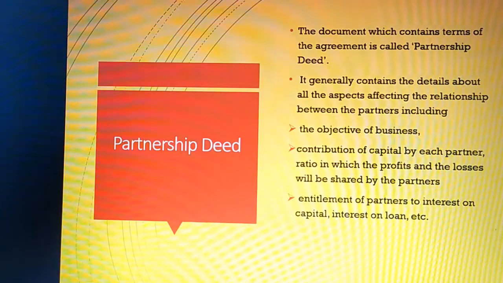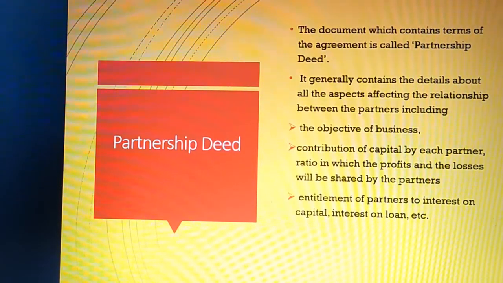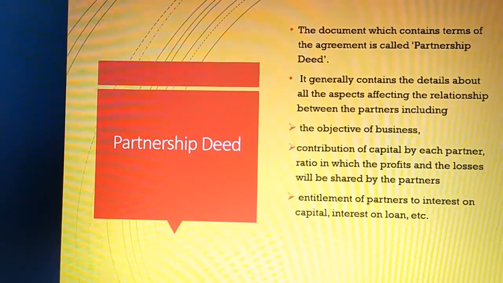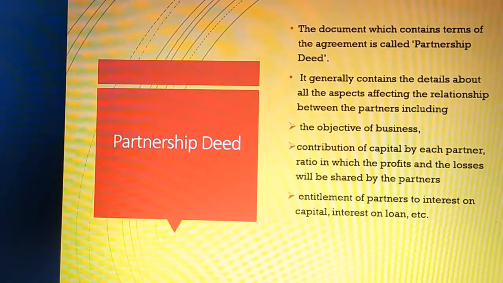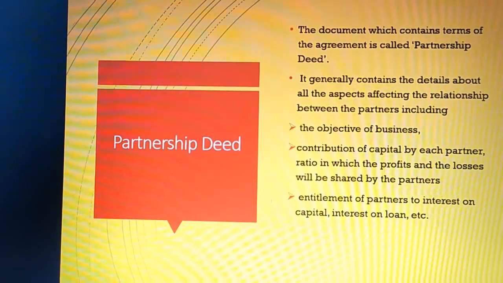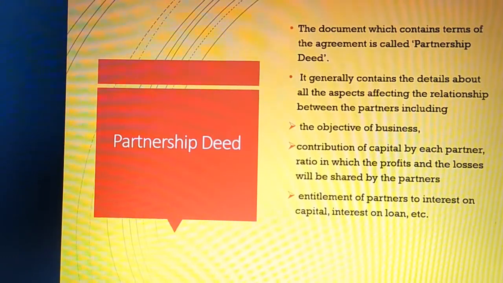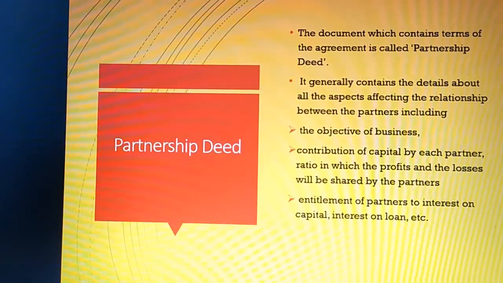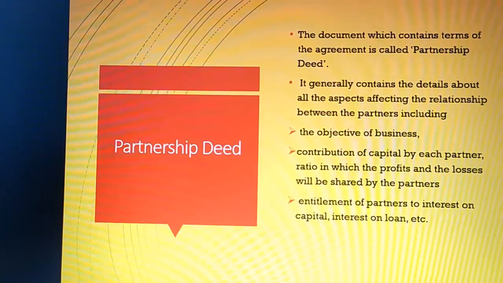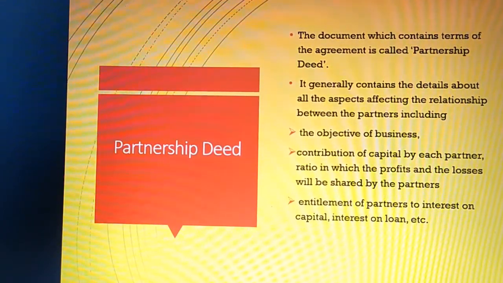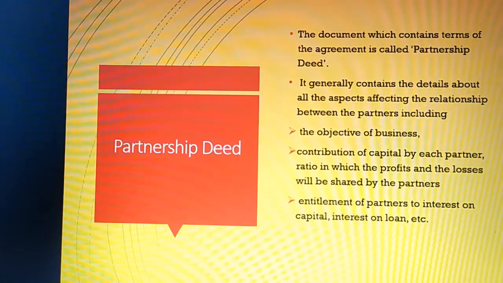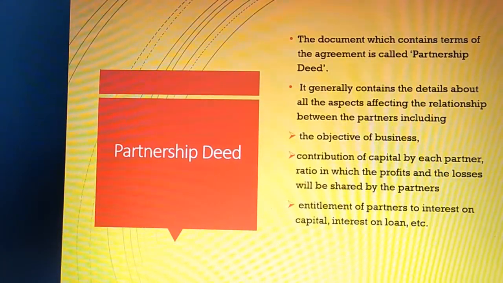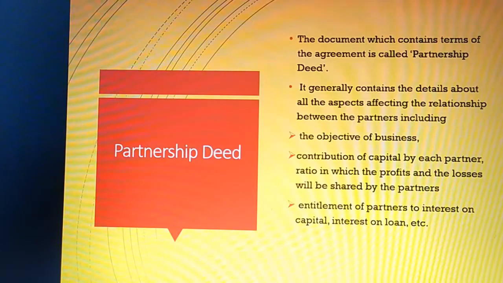It will have some important mentions about the details of the partnership, like what is the objective of the business, the name of the business, the address of the business, the nature of the business, the contribution of capital by each partner, in what ratio the profits and losses will be shared by the partners, whether the partner will be entitled to interest on their capital, interest on any loan provided by the partner, what remuneration will be paid to any of the partners if they are agreeing to contribute as a help or as a manager in handling the affairs of the partnership.